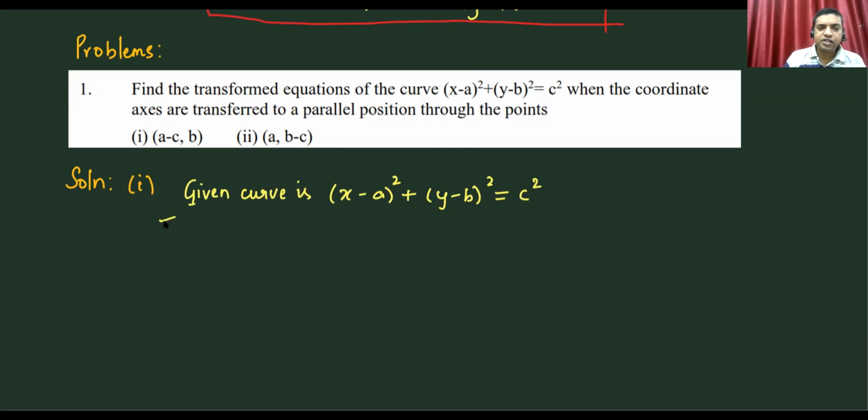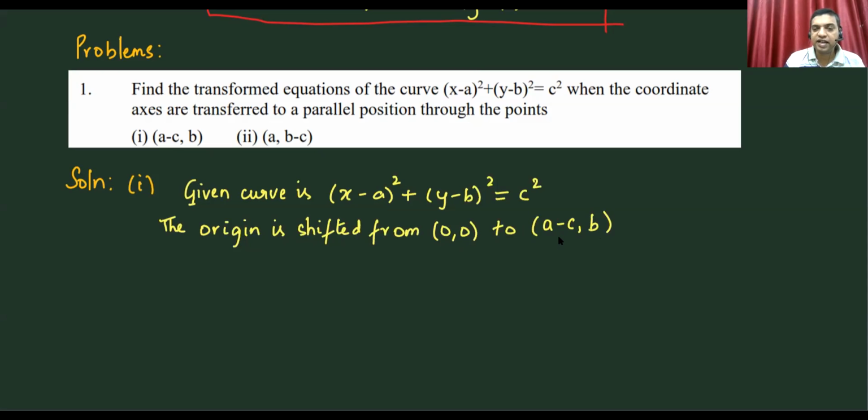The origin is shifted from (0, 0) to (a − c, b). So this is our h, k. This one is h and this one is k.